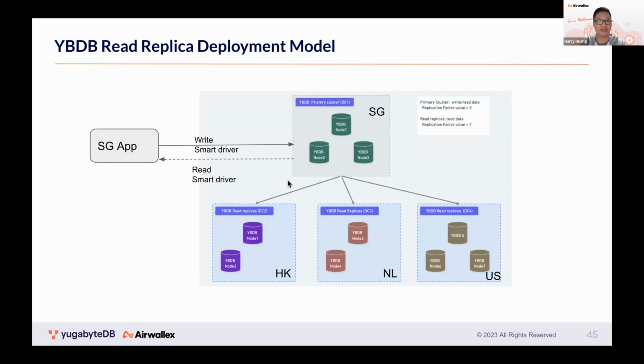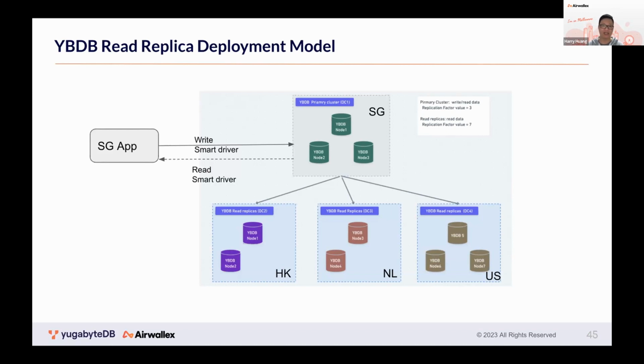Okay, I would like to share some of our existing deployment models with YugabyteDB. One of our applications is called the configuration service. It stores configurations like some toggles and some pricings in the database. And currently it's hosted by a Yugabyte cluster.